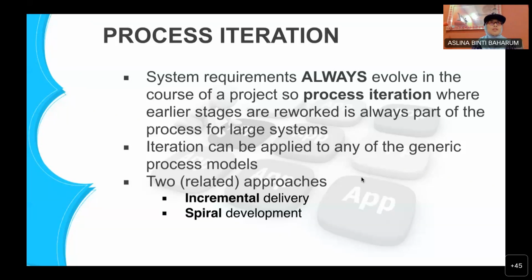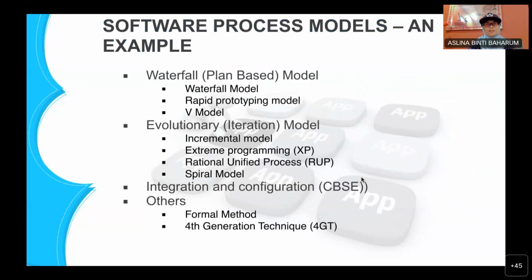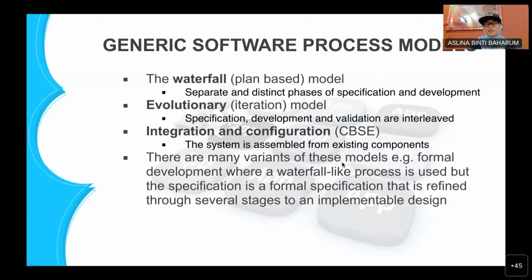Example that we want to create: UFuture. UFuture is an e-learning system, right? In UMS we call it smart learning. I'm not sure about UiTM UFuture, so I share with you UMS smart learning. That's using the method of the last one: integrate and configuration.